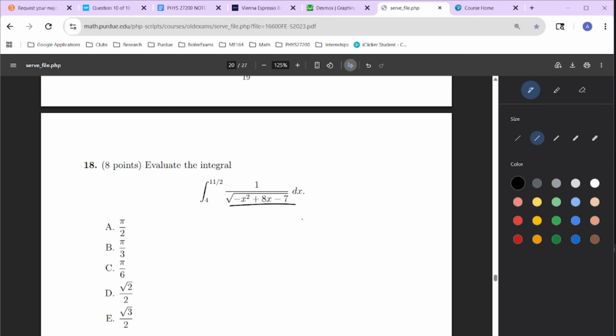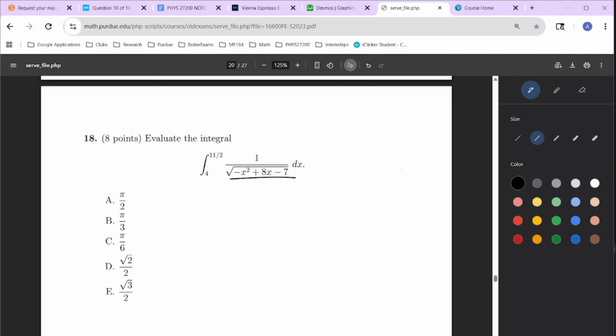So maybe we can try, as we know, polynomials can be rewritten in terms of their vertex form, which can be written as a trigonometric identity. So maybe in this case we need to use a trigonometric substitution to change the basis and then solve the problem in terms of theta. Right off the bat, we should notice that the x squared term is actually negative here.